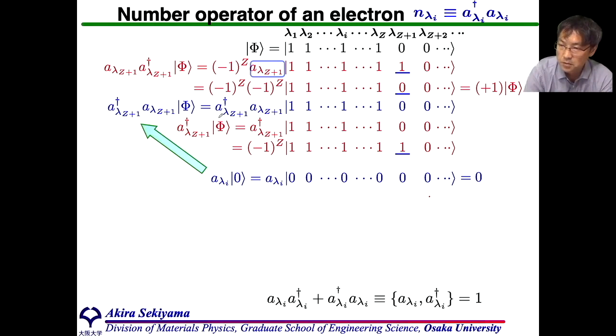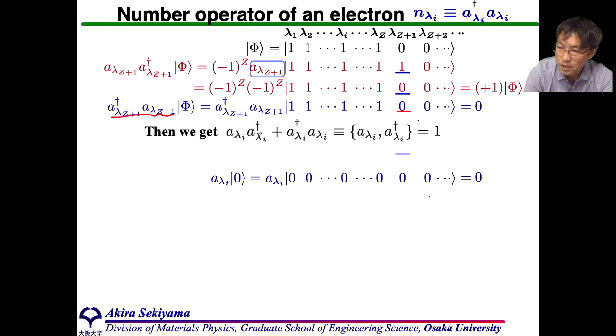like this one, but this state is empty in the initial state phi. Therefore, when we operate the annihilation for the empty state, the result becomes 0. Therefore, this conjugate operation gives a value of 0.